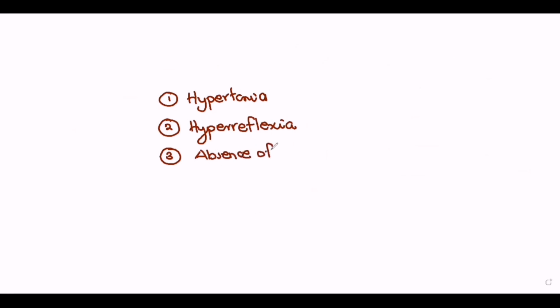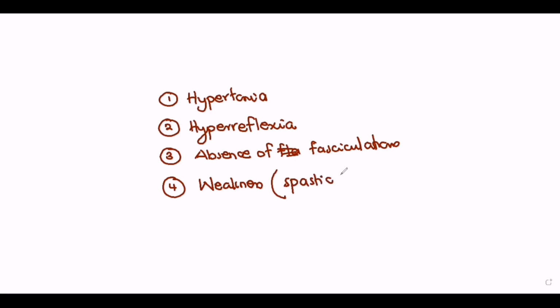We are not interested in negatives. Of course, there will be weakness, okay? The weakness is common to both upper motor neuron and lower motor neuron, just that in upper motor neuron, it is spastic weakness.